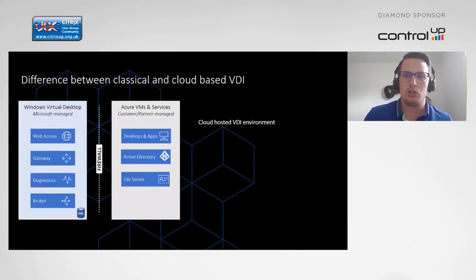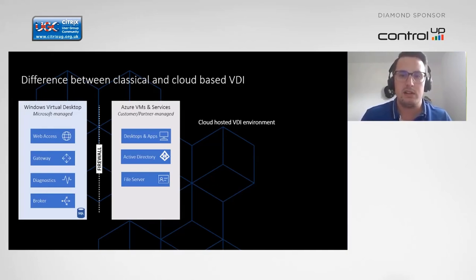But if we take a short look at the capabilities of cloud-based virtual desktop infrastructures, especially represented as Windows Virtual Desktop right here, Microsoft's answer to VDI environments, we can quickly identify that the services the user actually needs to manage, regardless of whether it's RDS or WVD as represented here, are far fewer components than in the on-premises environment.